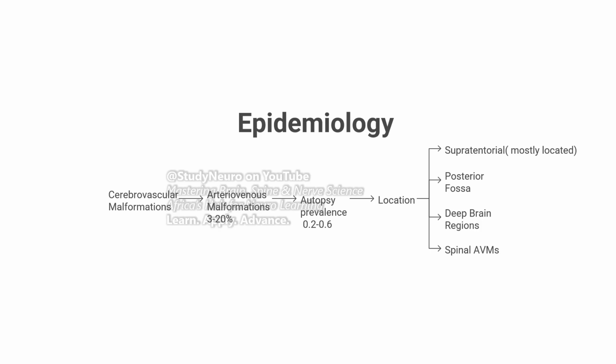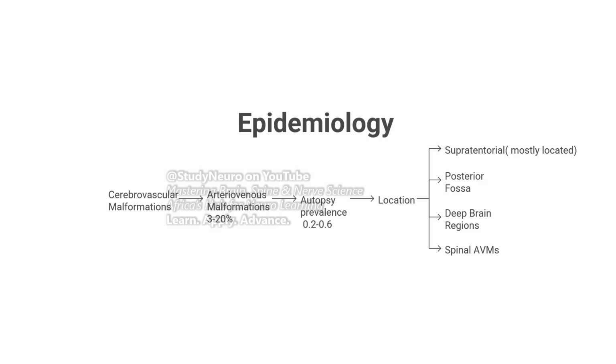Intracranial arteriovenous malformations are predominantly located in the supratentorial compartment, especially within the middle cerebral artery territory. About 18 to 25% are found in the posterior fossa, while deep-seated regions like the basal ganglia and internal capsule contribute to another 18 to 20% of cases.